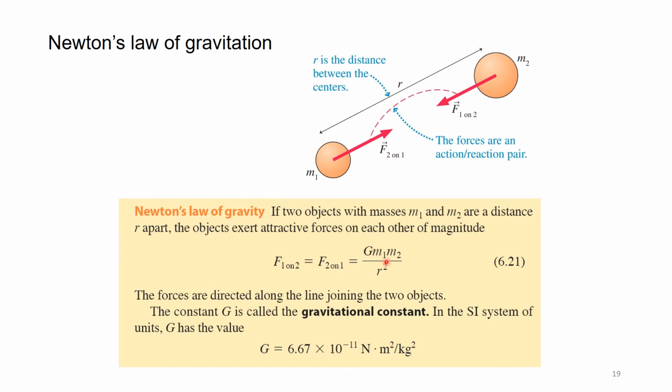However, when you're calculating this force, you have to factor in the quantity G, and you can see G is a really small number. It goes into the order of 10 to the negative 11. So for regular masses, like masses of kilograms, if you plug in the correct value of G, you will get a really small force.